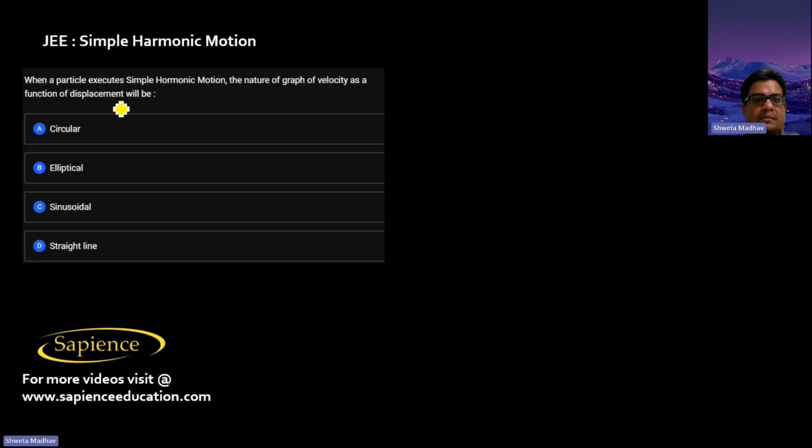It is told, when a particle executes simple harmonic motion, the nature of the graph of velocity as a function of displacement will be. So we can see that v square is equal to omega square into a square minus x square. I can say v square by omega square plus x square is equal to a square.